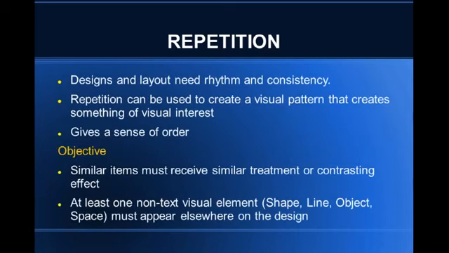Now, the objective of repetition is to create a similar treatment or to make something contrasting, and it's best to have at least one non-text visual element appear somewhere else in design.